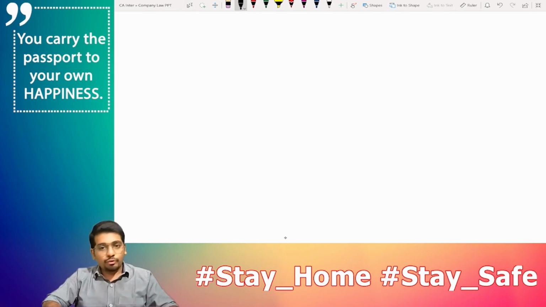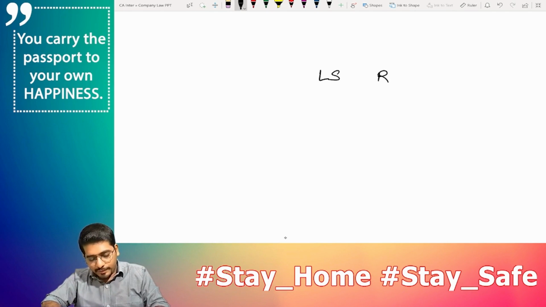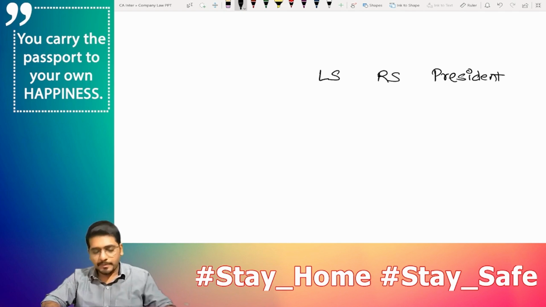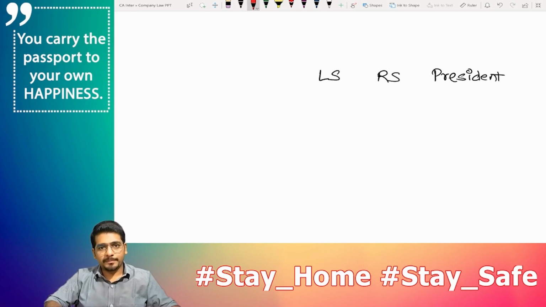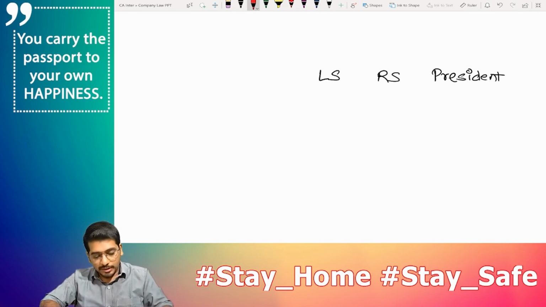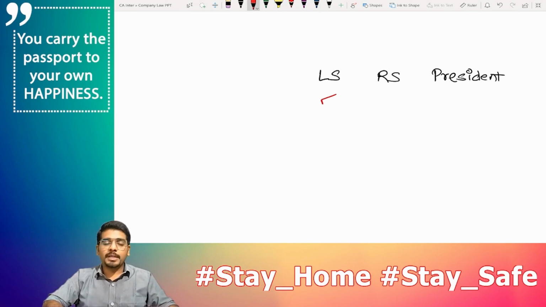Look here. As you are aware, we have authorities like Lok Sabha, Rajya Sabha, and then we have our great president. Am I right? Whenever any particular law is presented in the parliament, it is first required to be approved by the Lok Sabha. Is that clear?